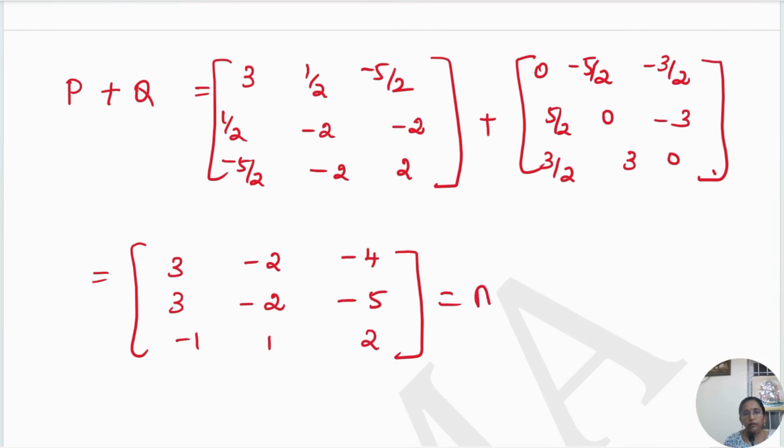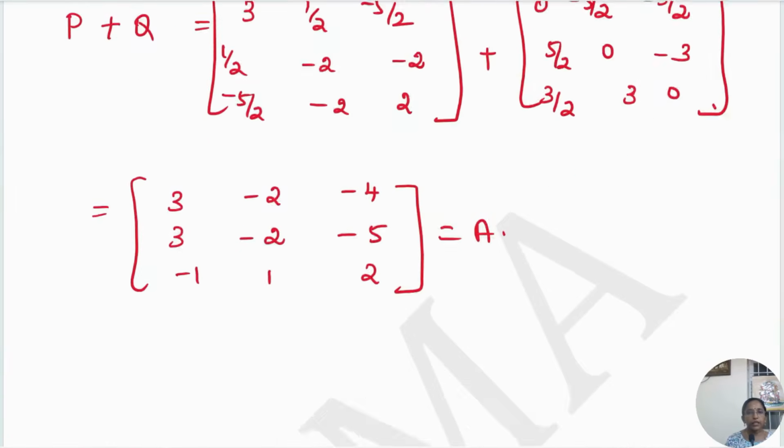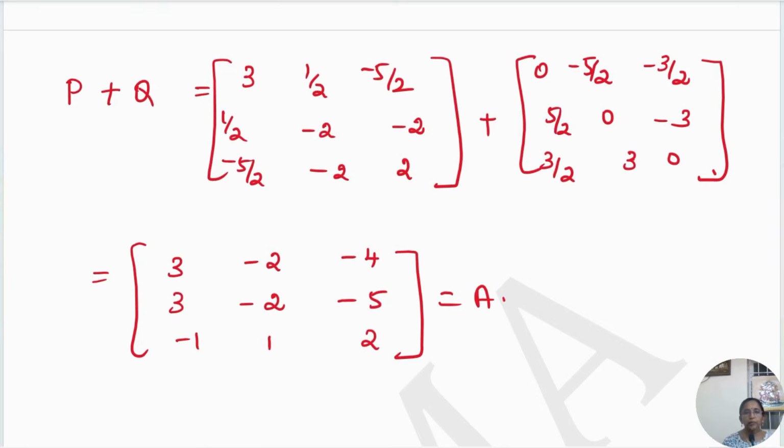This is nothing but our given matrix A. Look at your given matrix, so this is our given matrix A. So we are expressing the matrix A as a summation of symmetric matrix and skew symmetric matrix Q. So hence proved.